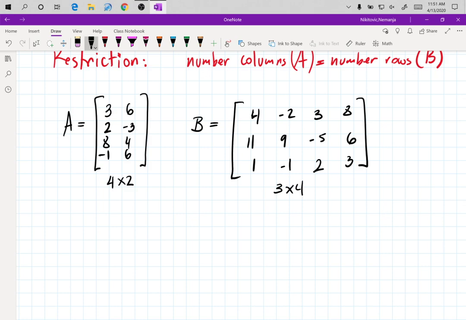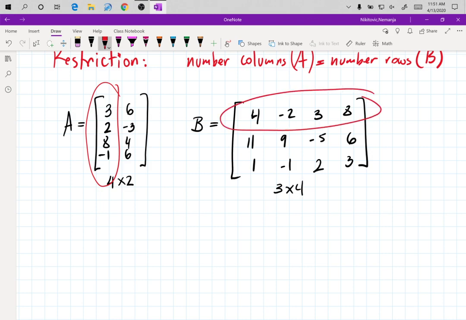So what I'm going to take is the first column and put it on the first row.